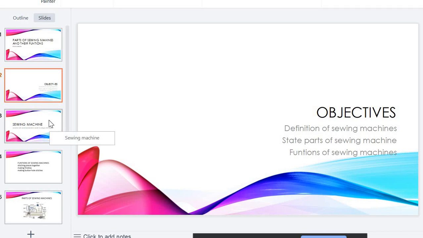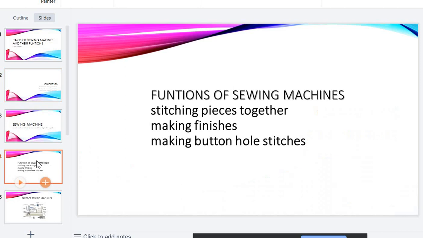A sewing machine is a machine that is used to stitch together garments. Yes. Next, we are going to look at the functions of sewing machines. There are different types of sewing machines, so the functions differ from one machine to another.